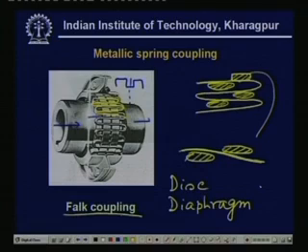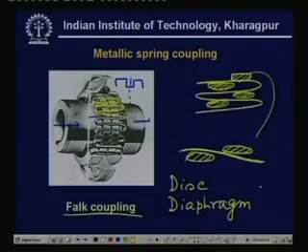And in the flexible members we have used the elastomeric coupling. In the elastomeric coupling we have only studied the pin type elastomeric coupling, or sometimes pin bush coupling, and then I have shown you some types of elastomers which are used. Then lastly we have studied something about the metallic spring coupling.